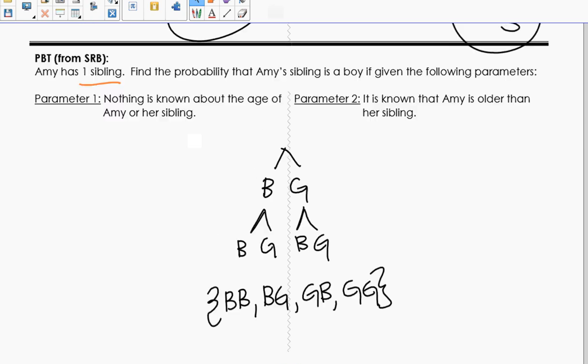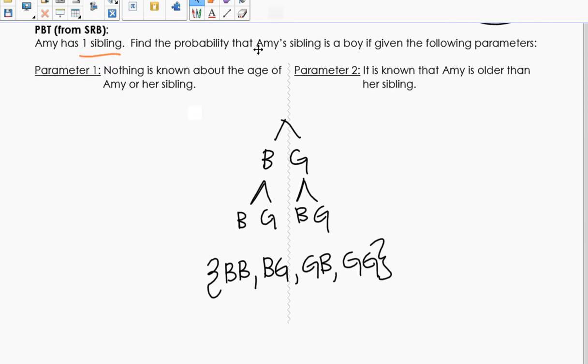This says, we are looking for the probability that Amy's sibling is a boy if nothing is known about the age of Amy or her sibling. So if you look here at your sample space, for parameter number 1, this is no longer a part of my sample space because Amy is a girl.